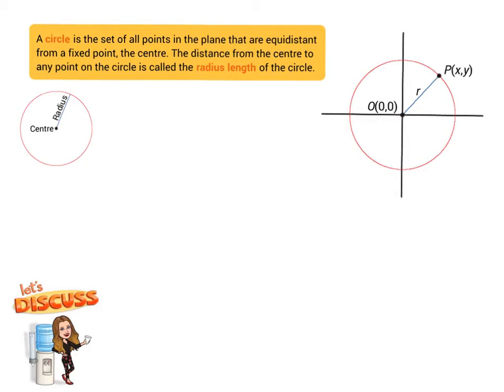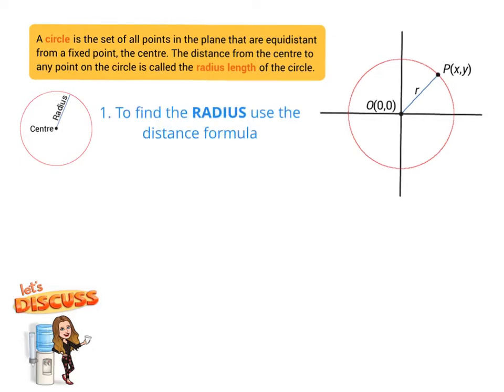So to find the length of the radius, you would use the distance formula. You would take the point P and you would take 0, 0. You would label them x1, y1, x2, y2 and sub it into the formula. Now another point to note is that the diameter, so the radius is from the centre to any point on the circumference.